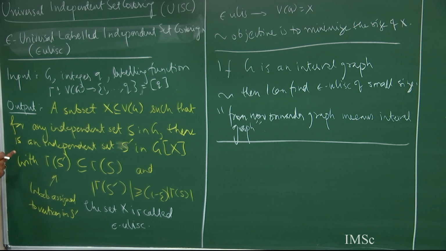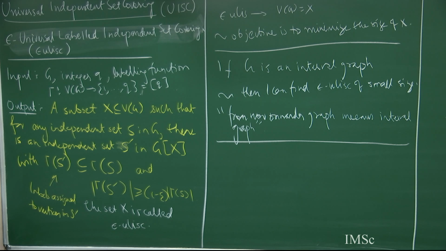Because this X which you are giving could be of any arbitrary size, and this labeling function may not be an independent set. Forget that condition. Forget the second condition, without loss of generality maybe you can assume that X is an independent set.